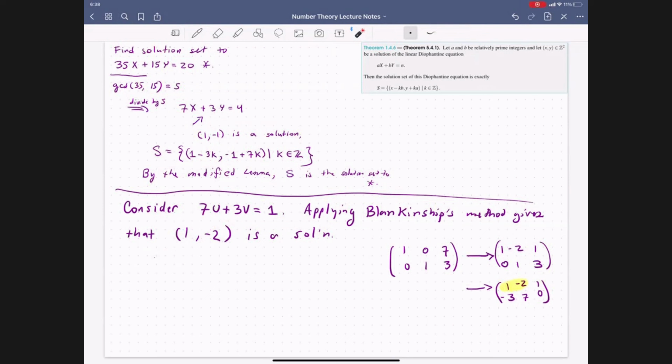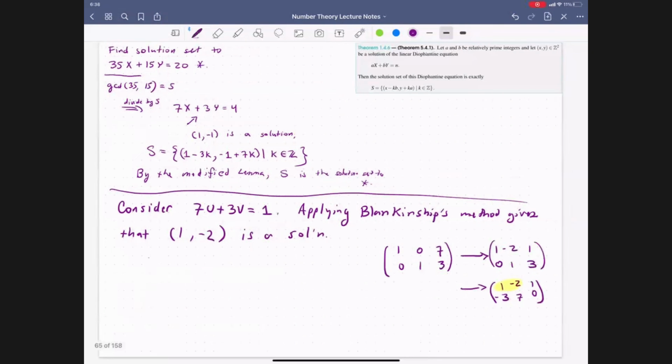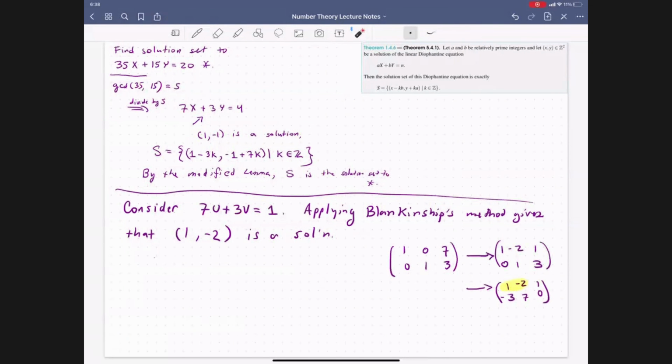But now, what we are going to do is instead make the following observation. If we multiply this equation by 4, we will get 7 times 4u plus 3 times 4v equals 4. So that means that a solution to this equation is just a multiple of 4 from a solution for when it's equal to 1.